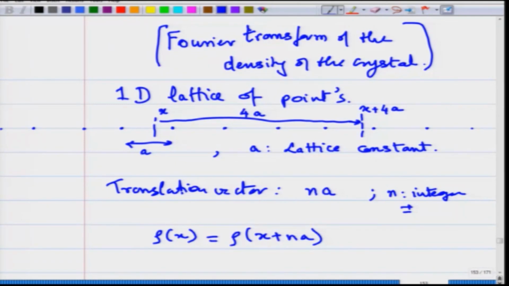If I move from this point to this point, the distribution of atoms should look exactly identical. Then it is of course a Bravais lattice, and this property of the lattice is called translational invariance.